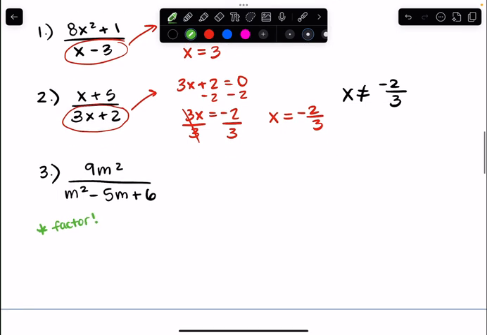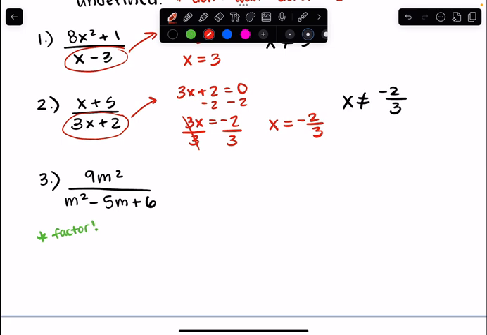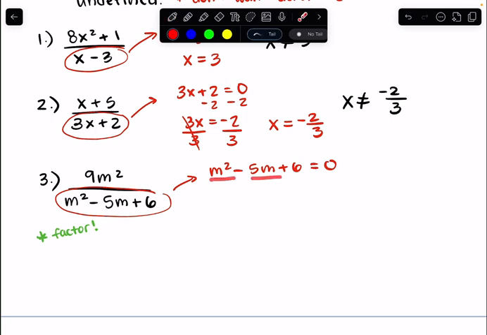When you do this, again, just taking the denominator, m squared minus 5m plus 6 equals 0. You can't just move the 6 over and then move the 5 over because you have variables both here and here. So what you need to do is factor it.